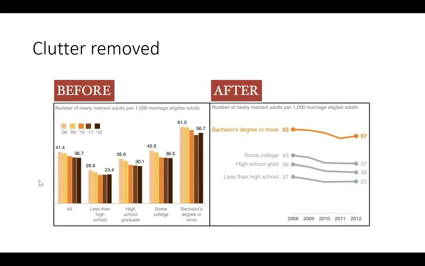Ultimately, you can't make out what exactly they are talking about. Whereas if you convert that into another graph, number of newly married adults per 1,000, so bachelor's degree are more, 62 in 2008, 57 as per 2012. So this is a more readable graph compared to this graph.